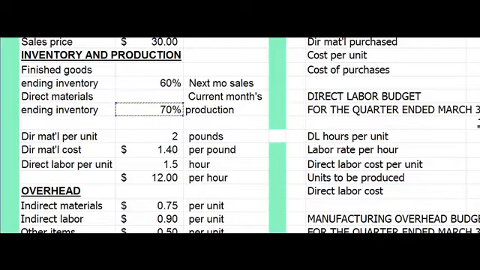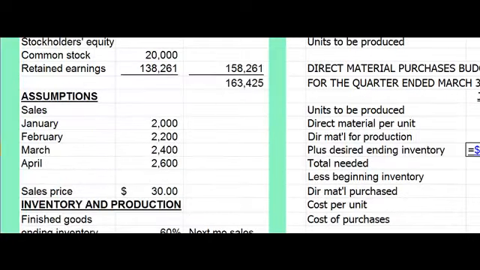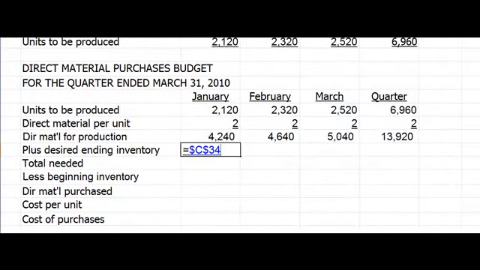Remember, we're going to use the 70% all across, so I'm going to use F4 again. Notice that it's put the dollar signs in, and it's 70% of my current month's production, so times the 4,240. So I'm planning to have enough materials so I can produce my sales plus my desired ending inventory.